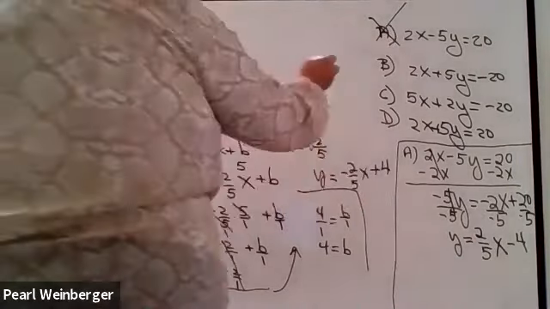If we're asked what is the y-intercept, we would say the y-intercept is -2. If we're asked what is the slope, we'd say the slope is -4. If we're asked for the equation of the line, it is y equals -4x minus 2.